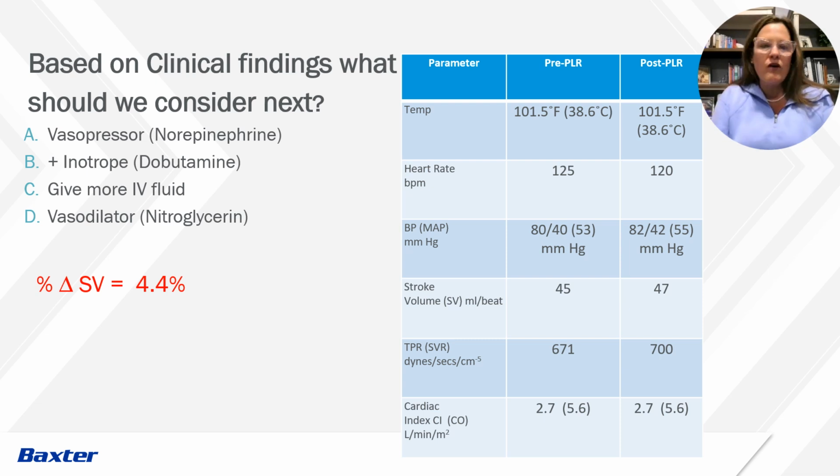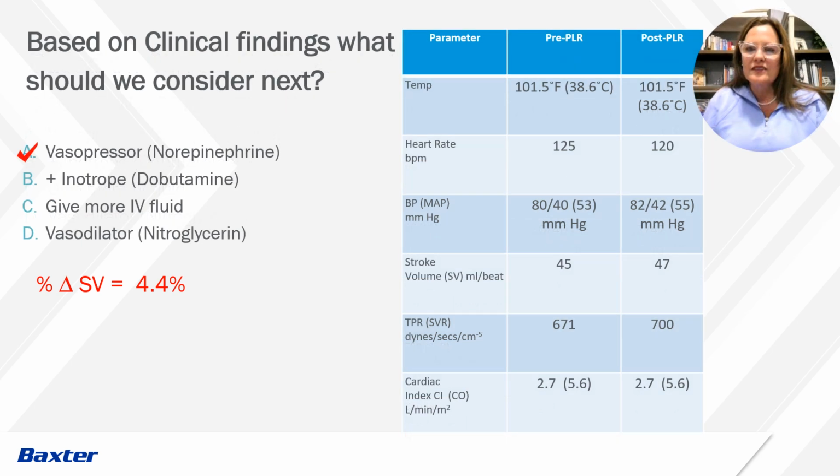And do we want to give a vasodilator to somebody with a MAP of 55 and 53? So hopefully you chose, here we go. After the drum roll, hopefully you chose to give a vasopressor, because we want to tighten them up a bit and hopefully increase their blood pressure, right? Hopefully you got that right.